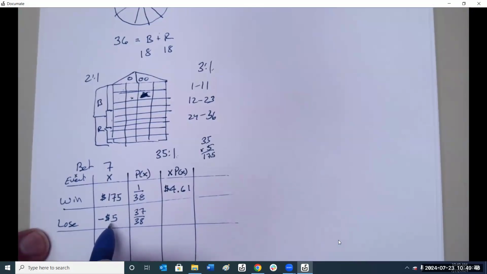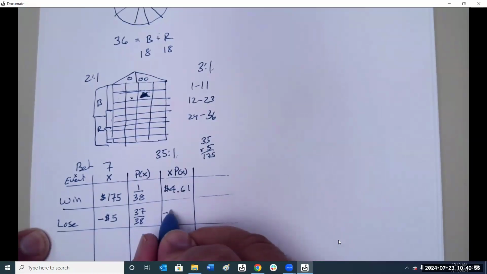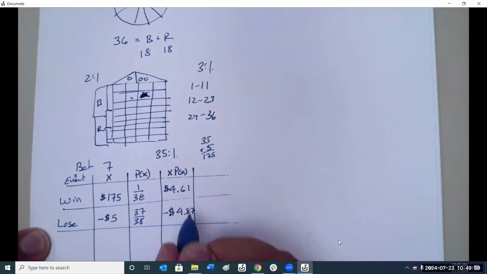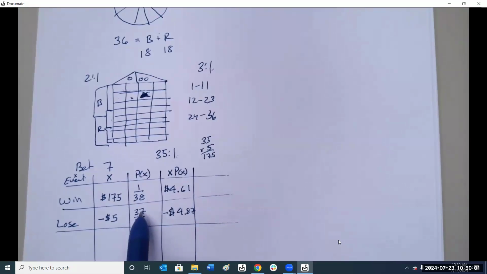The chance of losing, it's going to be a negative, is 5 times 37/38, which is negative 4.87.